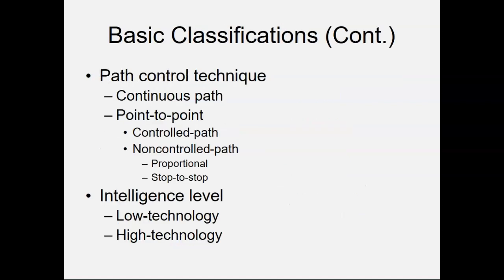The other thing we have is path control techniques. You have continuous versus point to point. We'll talk a little more about that here in just a second. And intelligence level. Now, I've said it before and I'll say it again. Intelligence level, the way that they write that is very misleading.